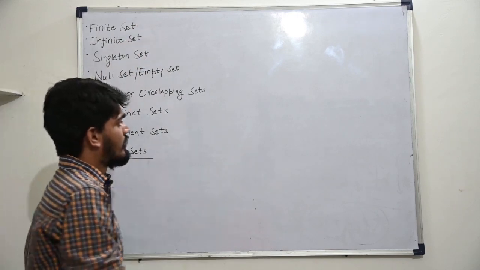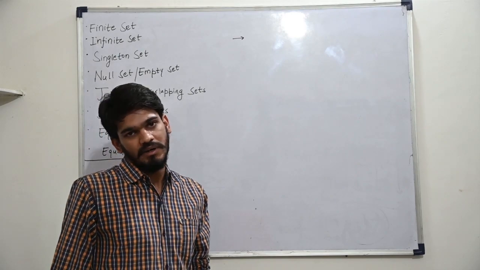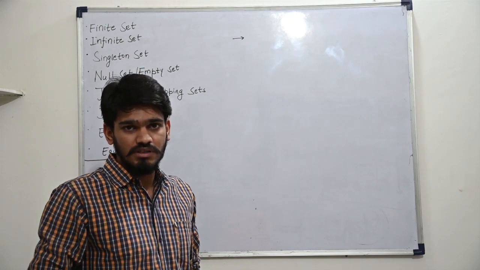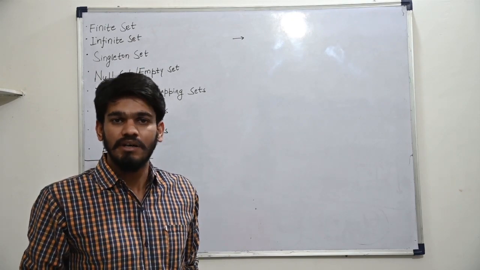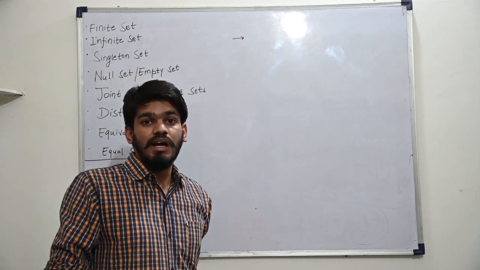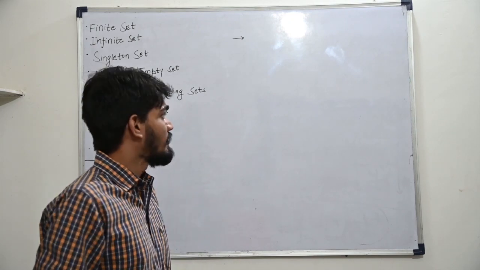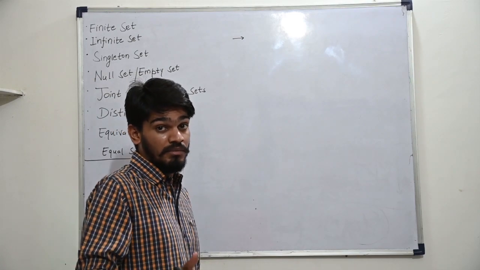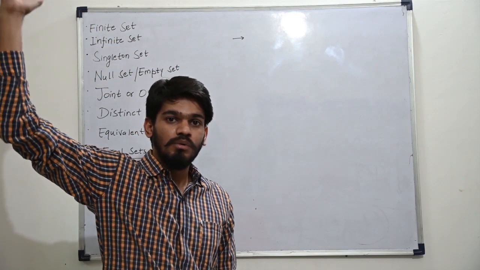Finite set, which has a finite number of elements in it. For example, the example which we have taken, the vowels A, E, I, O, U, only 5 elements are there, so that will be a finite set. Infinite set, which has an infinite number of elements in it, which does not have finite elements. Example, a set of all the natural numbers. Natural numbers start from 1, 2, 3, 4, 5, 6, 7, 8, 9 and go to infinity.